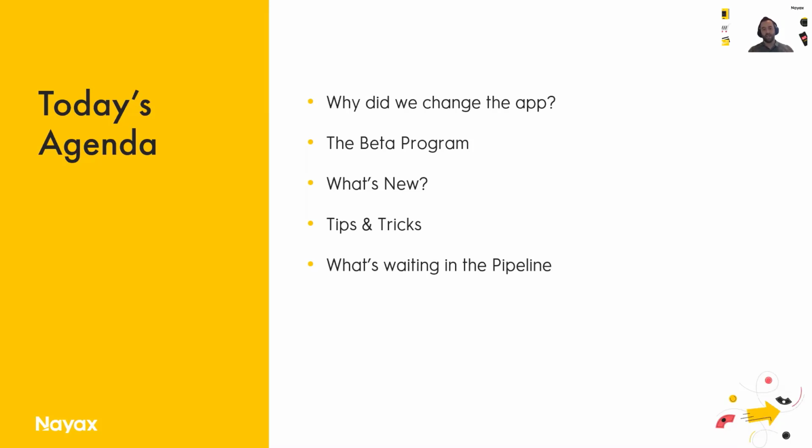I want to take it a step further, and I want to show you all of the added value and all of the extra functionality that you can gain out of the app in its current beta version. So we will touch the UI, we will touch a lot of the features that you have, and I'm going to give you some pro tips here and there on the topics that are relevant for you as operators, as distributors.